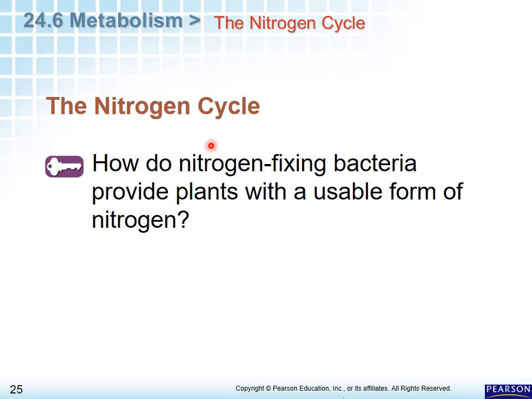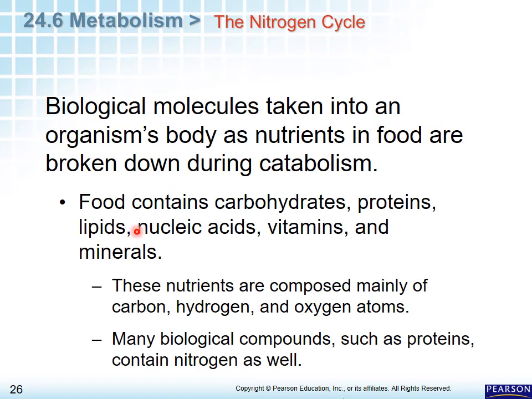The next topic is the nitrogen cycle. How do nitrogen fixing bacteria provide the plant with a usable form of nitrogen? Biological molecules taken into an organism's body as nutrients in food are broken down during catabolism. Food contains carbohydrates, proteins, lipids, nucleic acids, vitamins, and minerals.